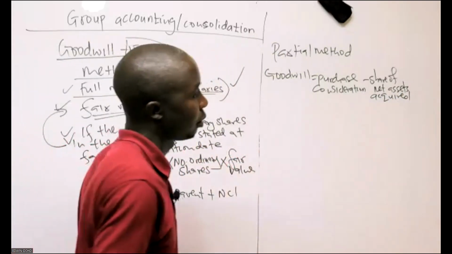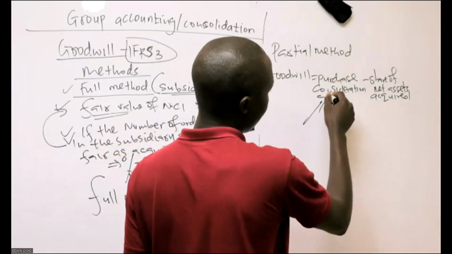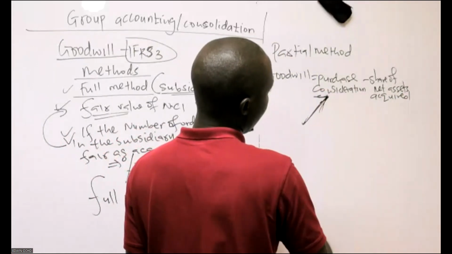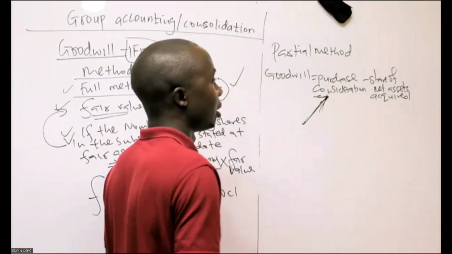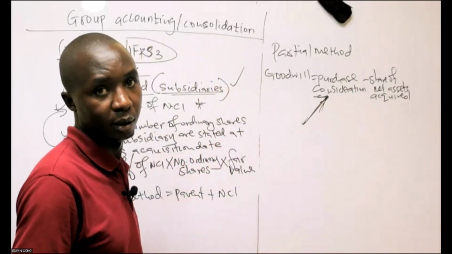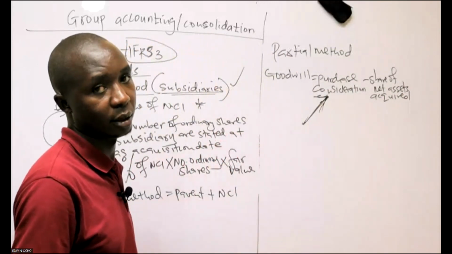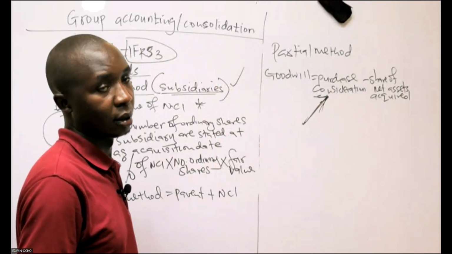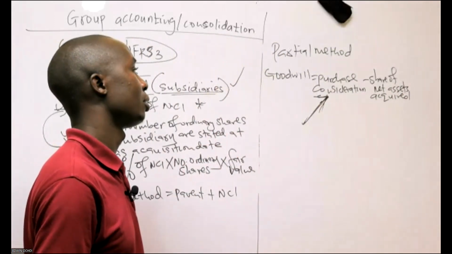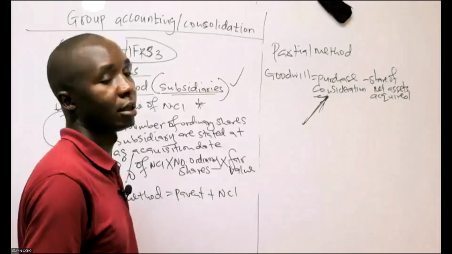So what I need to mention is the purchase consideration. Remember, the purchase consideration can be given directly, or it cannot be given directly. They can mention the purchase consideration through share exchange.